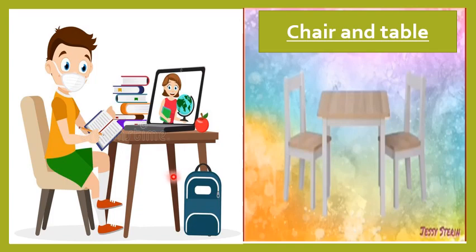You cannot work properly if you only have a table. Along with the table, you need a chair to sit there and do your work. So, table and chair is a word pair. Now we'll go to the next example.